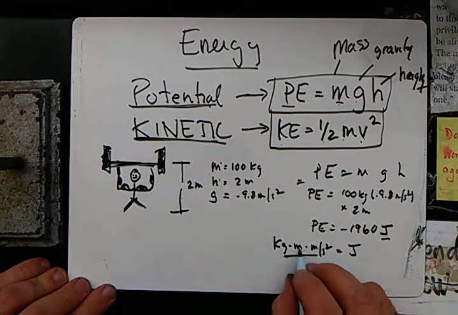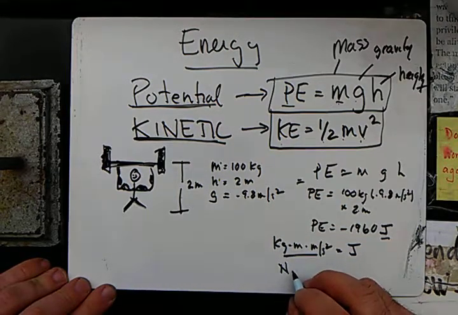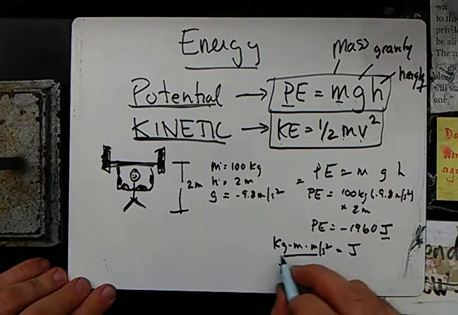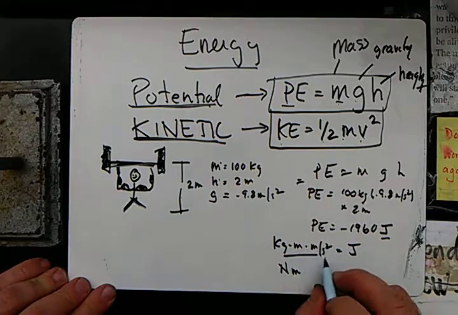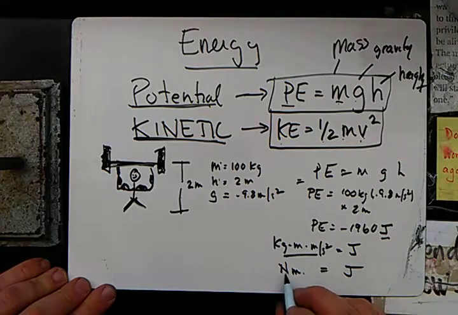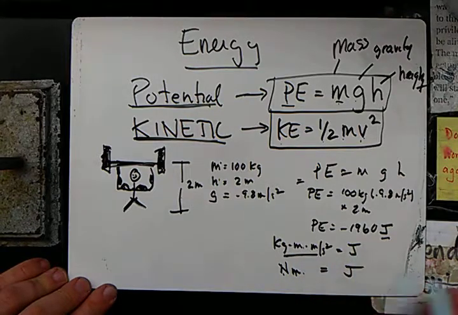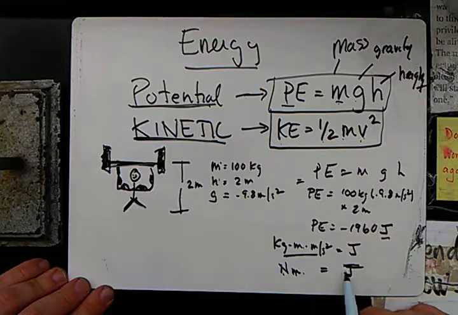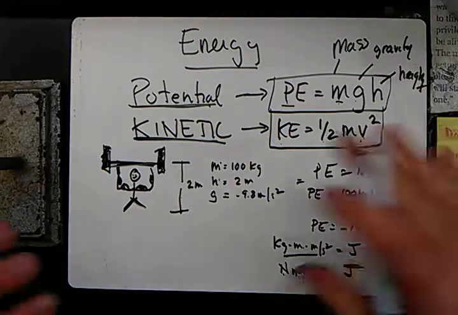In fact, I can boil this down to newton meter. Kilogram meters per second squared is a newton, times meter. I can also call that joule. So this is force times distance, or mass times gravity times distance. This is all measured in joules. There's a little potential energy.